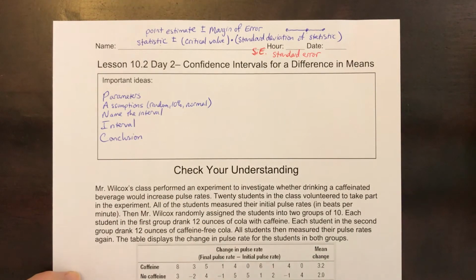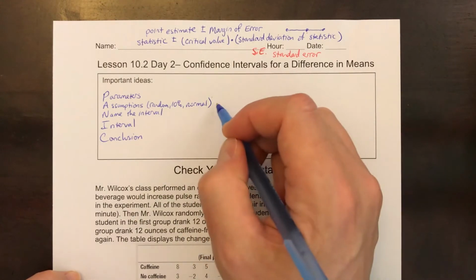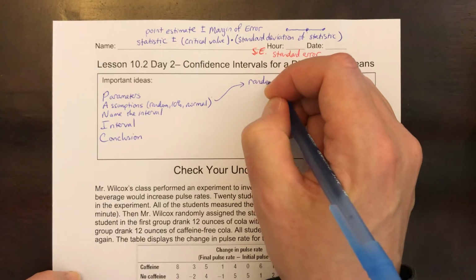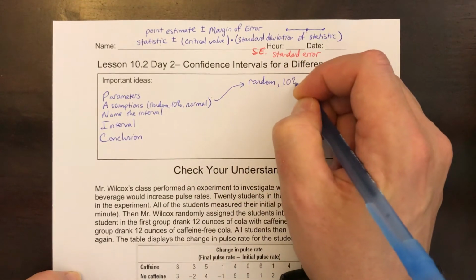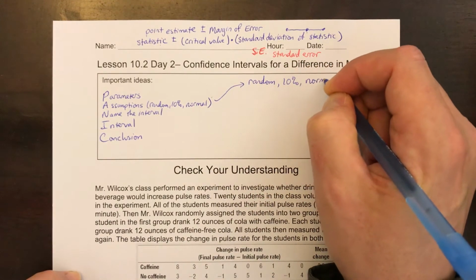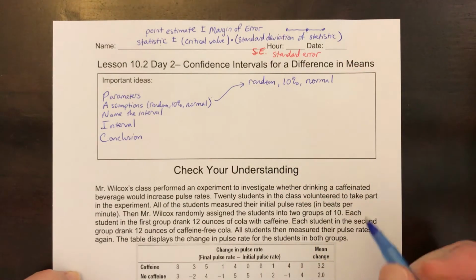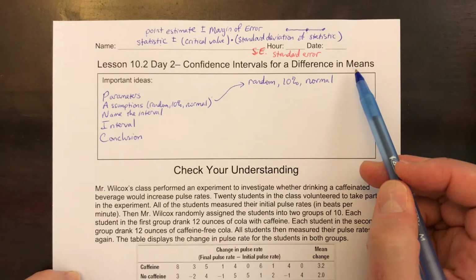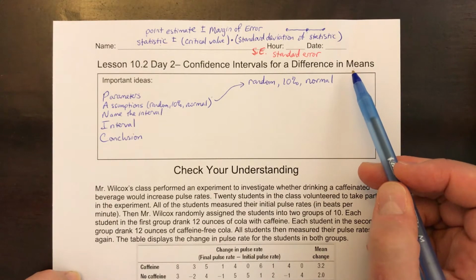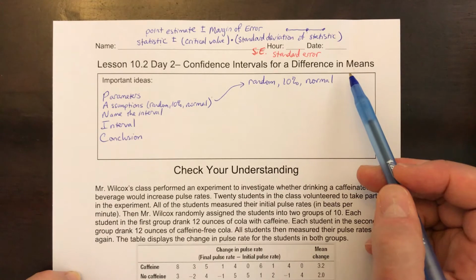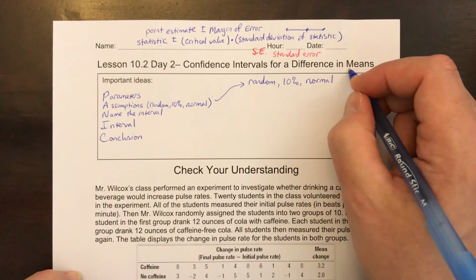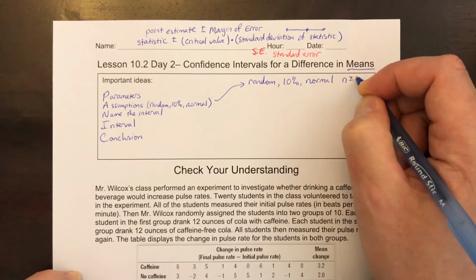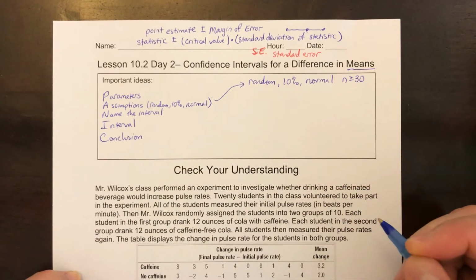So in this case, when we check the assumptions, the conditions, all right, we've got the random, we've got the 10%, and when we check the normal condition, if we're doing proportions, then we're doing n times p, and we're checking that that's greater than or equal to 10. Well, when we're talking about means, though, the normal condition is we need that the sample size is greater than or equal to 30.